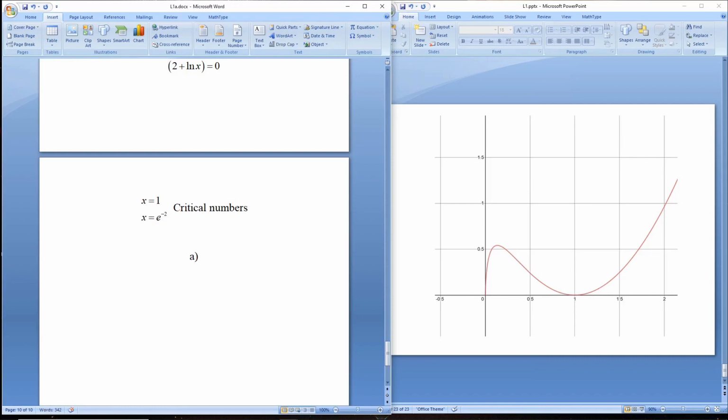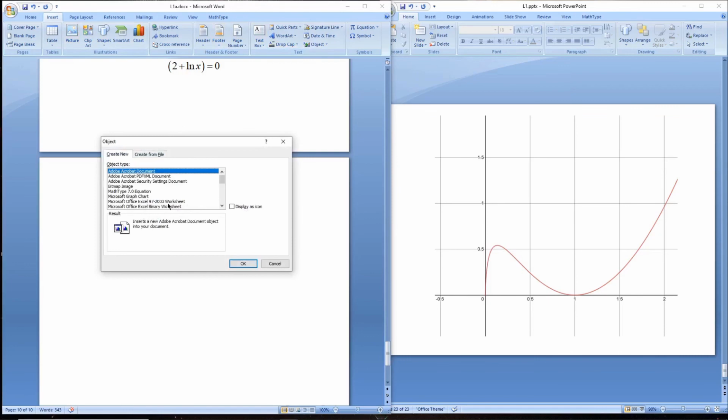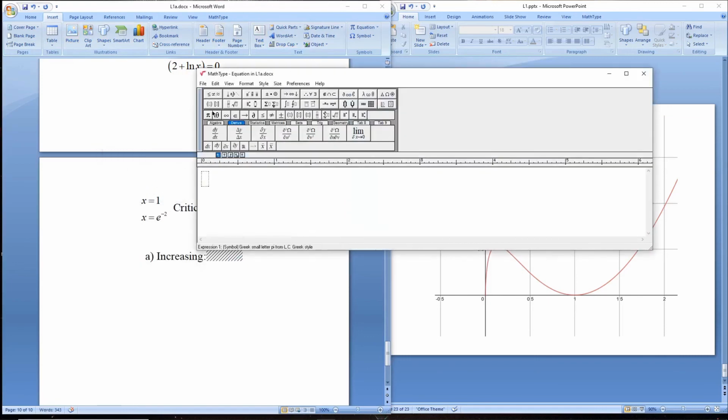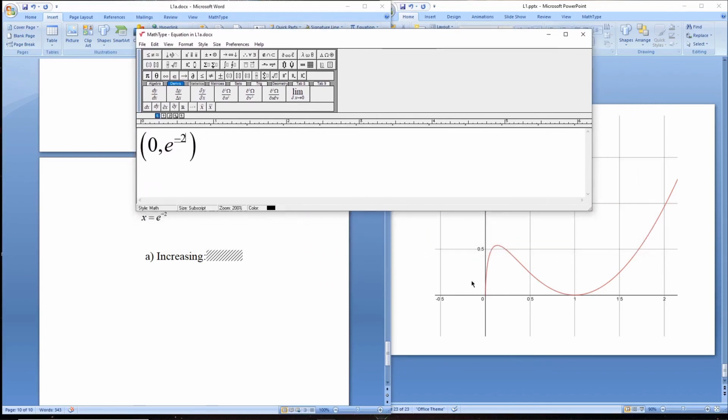So for our intervals of increasing, we can see we're increasing from 0 to e to the minus 2. And we are also increasing from 1 to infinity.